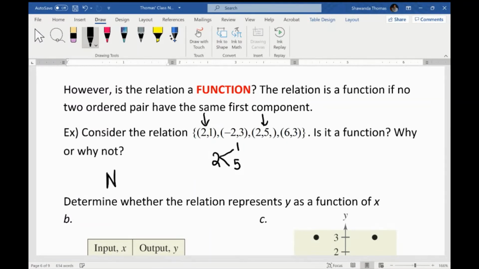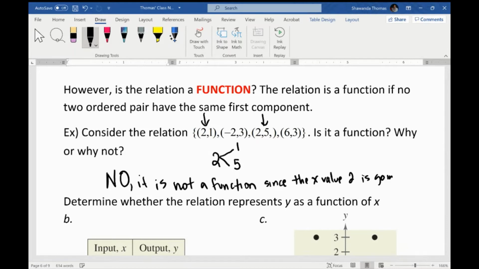So no, it is not a function. Since the x value 2 has more than one y, or something like that.